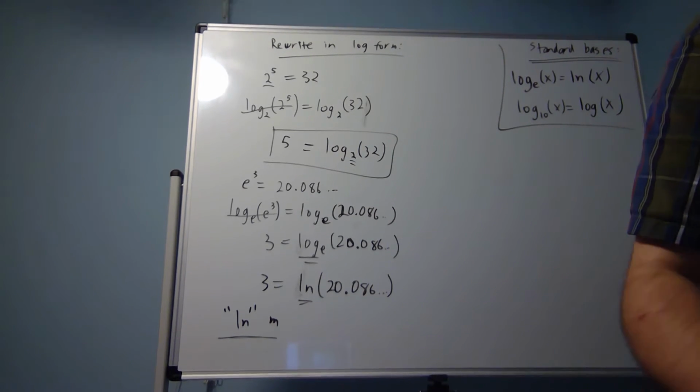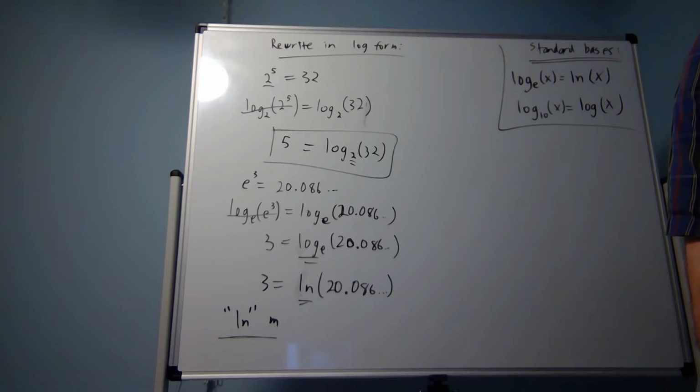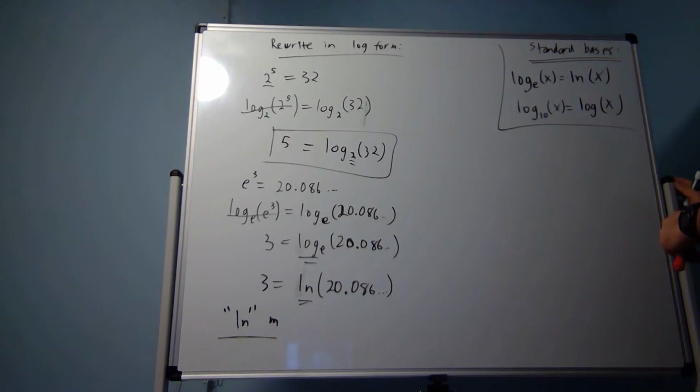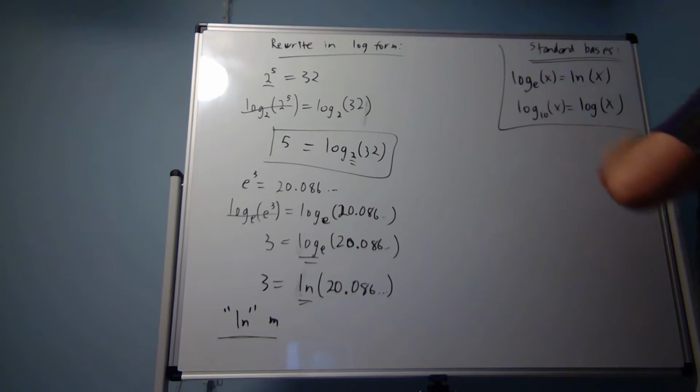So for this book and a lot of math books, you'll see these. Sometimes in other books, the farther you go in math, the less you see log base 10, and the more that they use both of these just to mean log base e.